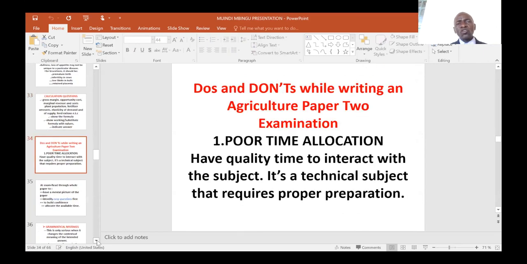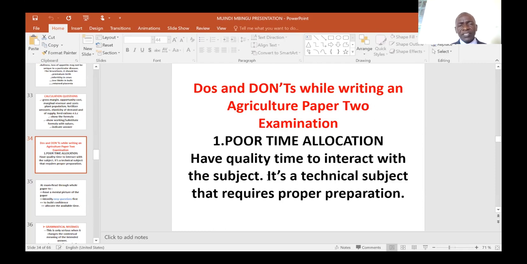Let us look at some do's and don'ts while writing the agriculture paper, and also when preparing for the paper. Many candidates run short of time and become unable to complete the paper.